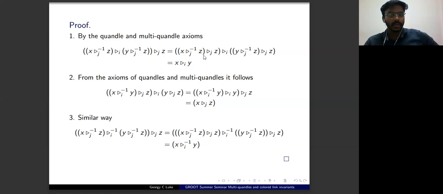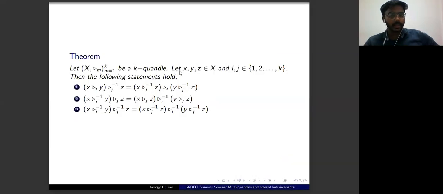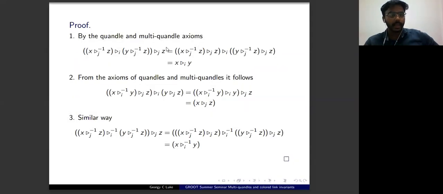So (x ◁_j^{-1} z) ◁_j z becomes x, and (y ◁_j^{-1} z) ◁_j z becomes y, because ◁_j is a quandle operation. Then applying ◁_j^{-1} z on both sides, we get our first statement. Here ◁_j^{-1} z gets cancelled, and then we get the required (x ◁_i y) ◁_j^{-1} z.